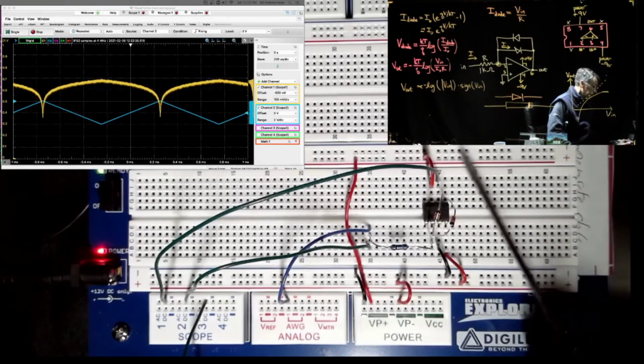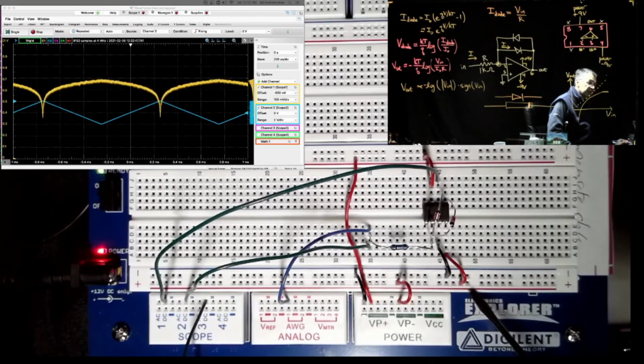I like to use this red bar up here for plus 9 volts, and I like to use red wires for power generally. Down here I'm using this red bar on the bottom for minus 9 volts, and again I'm using a red wire for power. Sometimes I'll use different colors for plus and minus power, but I've been using red wires for power and black wires for ground to try to keep things clear. This is where the negative power is distributed from the power supply into that bottom red power bus.